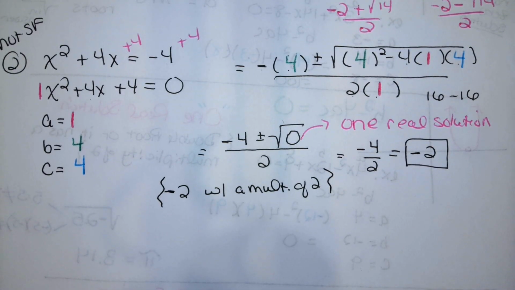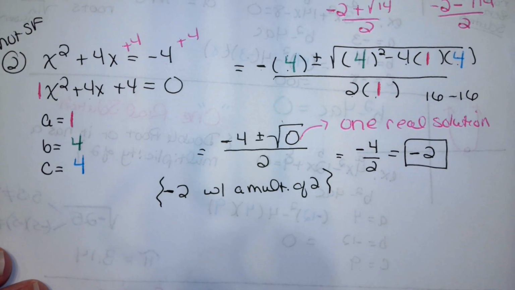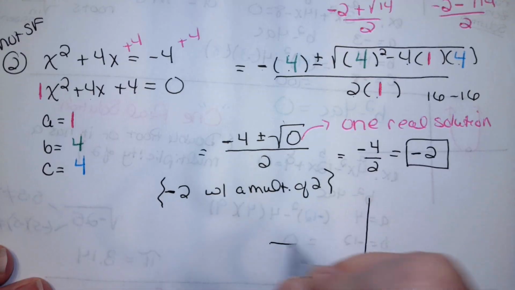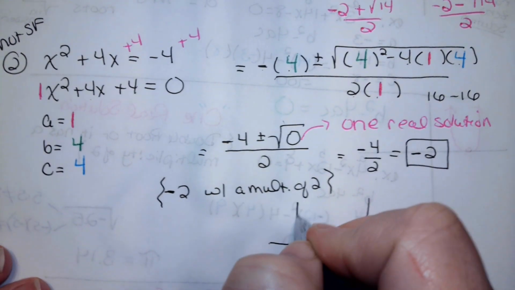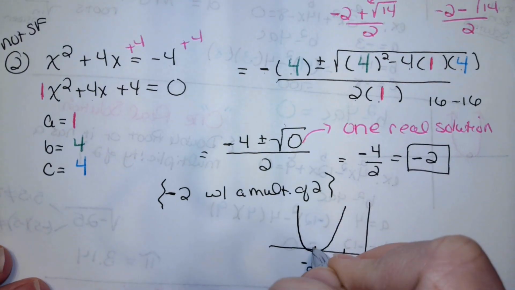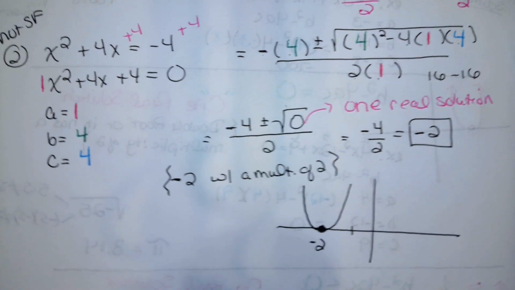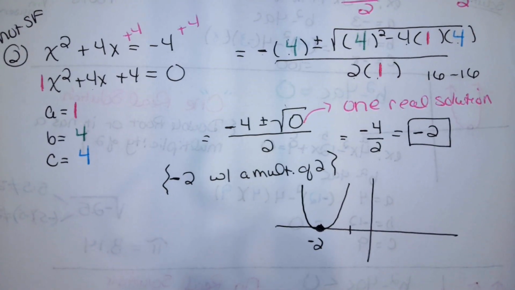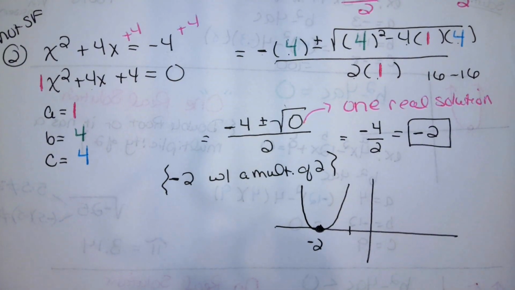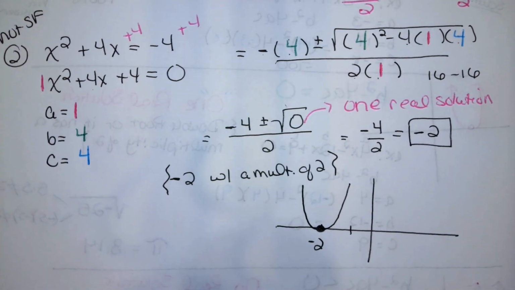So if we were to actually look at this on the graph, what we would see is that it would intersect at negative 2. The parabola only hits the graph once, and that root is being used twice. All right, so I'm going to use Desmos to verify.